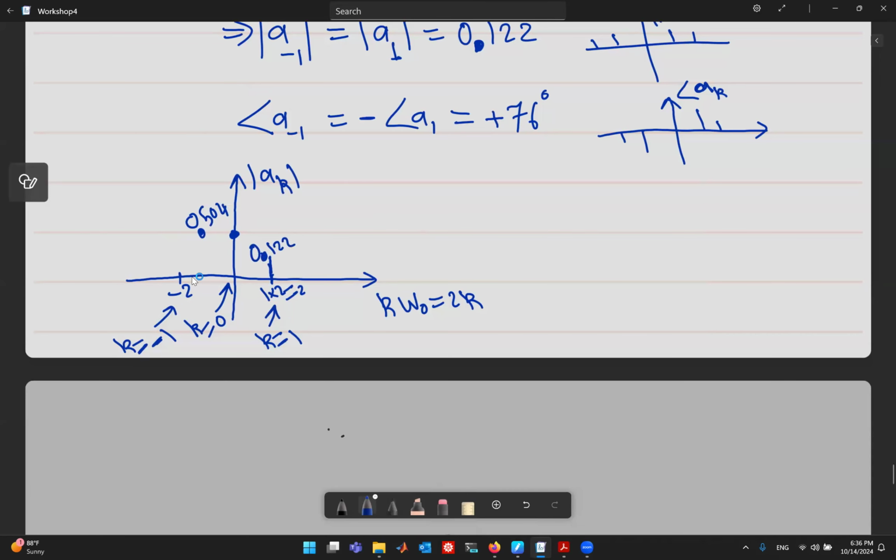And at k equals minus 1, we also got 0.122, and so on. If you calculate the next term, at k equals 2 and minus 2, you get something smaller than 0.122, like this.